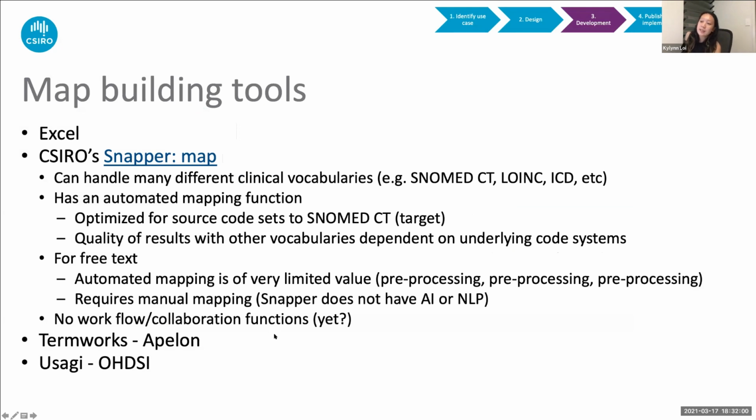In terms of free text, it doesn't do a great job. Automated mapping is of some value, and that's why we do recommend pre-processing beforehand. And it doesn't really have any AI or NLP involved, so that's something to keep in mind.